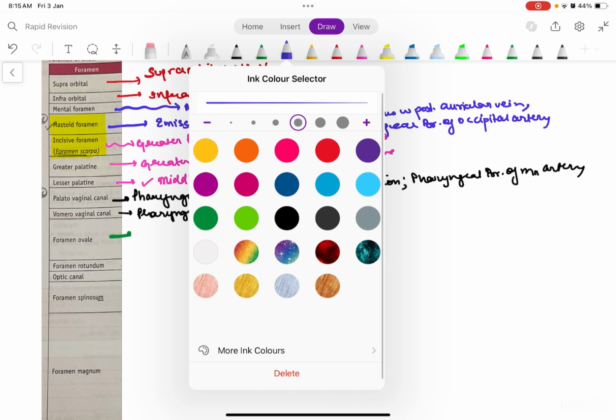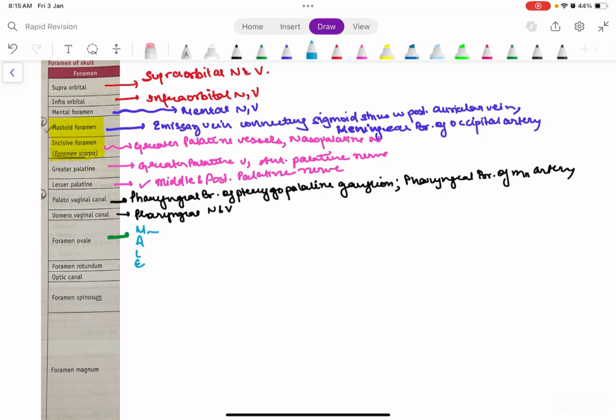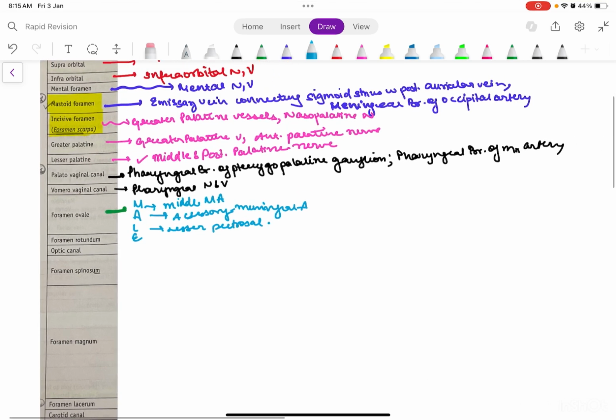Now we all know the foramen ovale and the way to remember it is MALE. So we have the middle meningeal artery, accessory meningeal artery, lesser petrosal nerve, and by E we have a mystery vein connecting the cavernous sinus with the pterygoid plexus of veins.